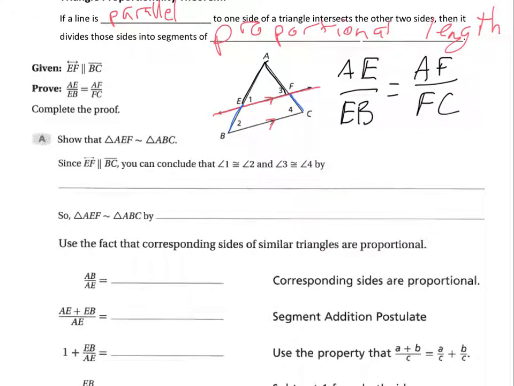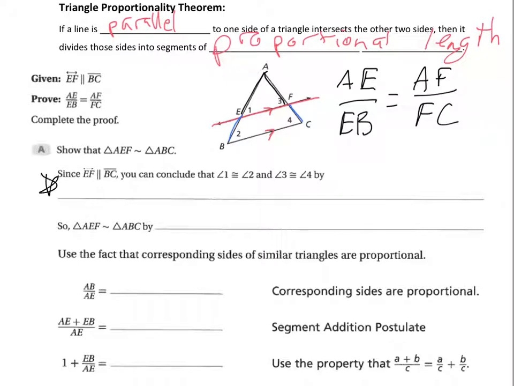So we're going to prove that these are similar triangles. Since EF and BC are parallel, you can conclude that angles 1 and 2 are congruent, so this angle is congruent to this angle, and 3 is congruent to 4, since those lines are parallel, we have corresponding angles.